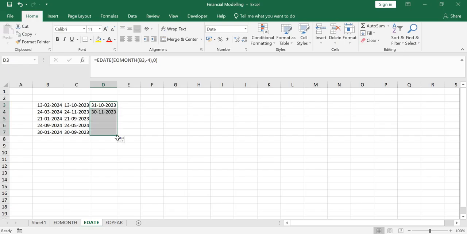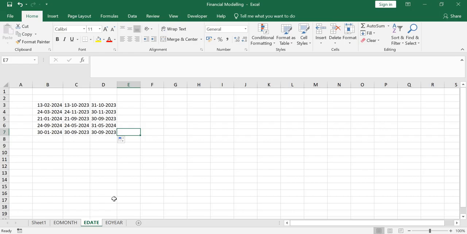Now you have to drag it down and you will get the last day of all the months which are 4 months previous to these dates. So in this way we can either calculate the dates which are 4 months ahead or 4 months previous, or you can say 5 months, 6 months, whatever date you want, you can do it.